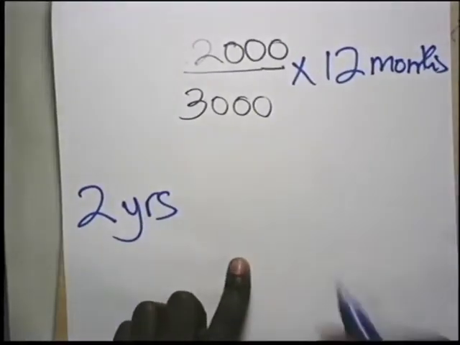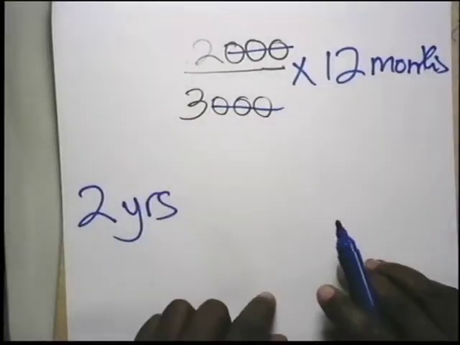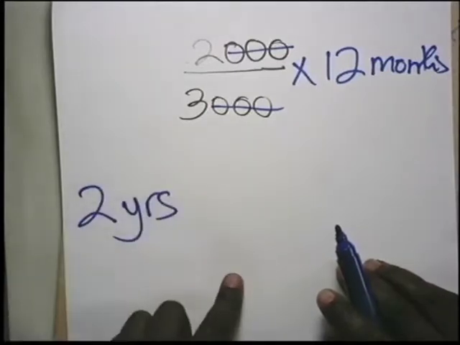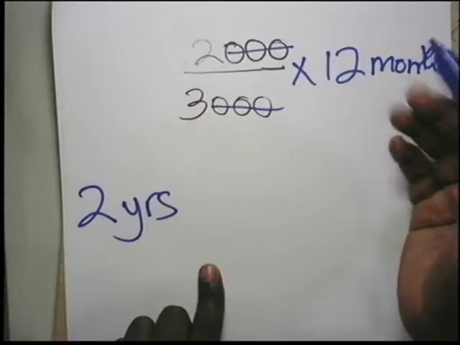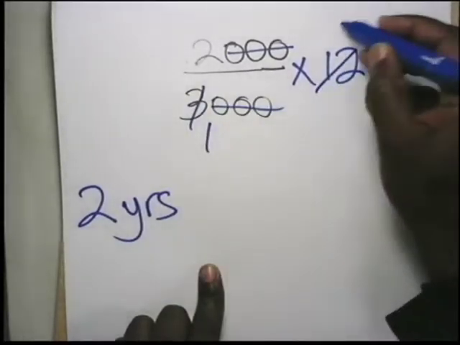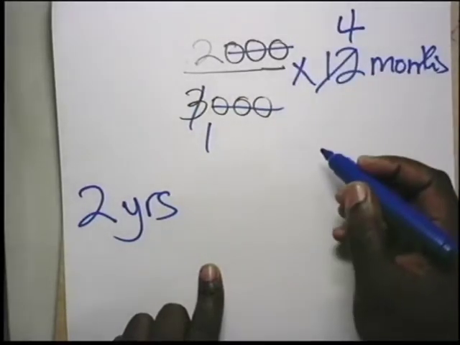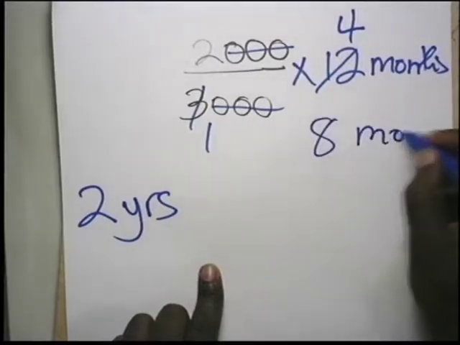Well, let's do the calculations. This cancels. This is 2,000 of a year. Sorry, 2/3 of a year. 2/3 of a year, we know it's simply 3 into 12. 3 into 3, 1. 3 into 12 goes 4 times. 4 times 2 equals 8 months.